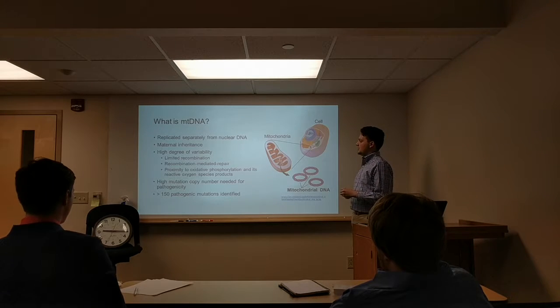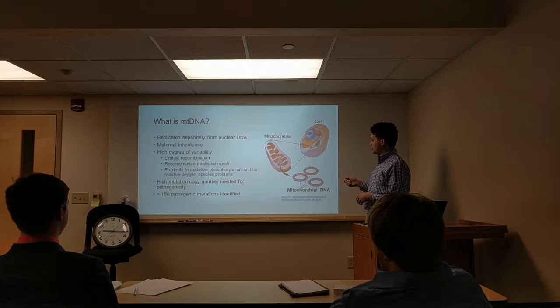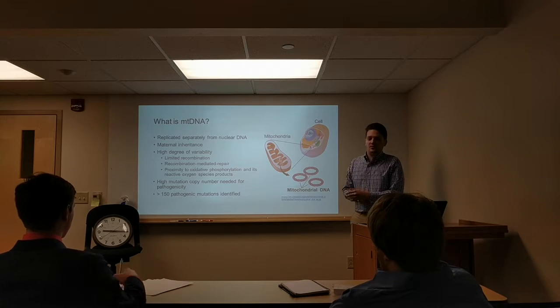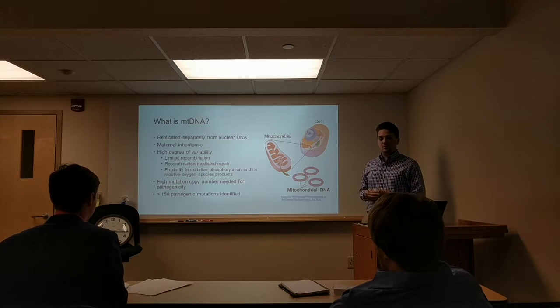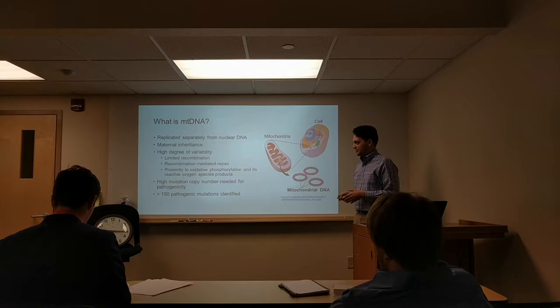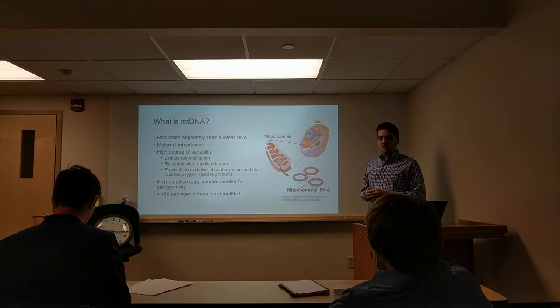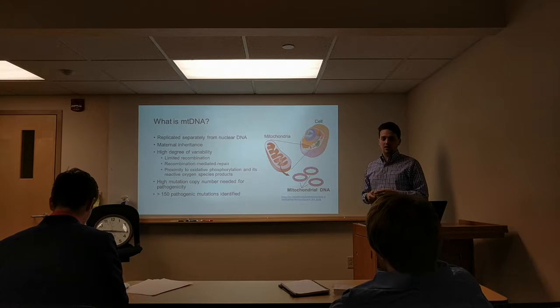What is mtDNA? mtDNA is DNA found in the mitochondria of the cell, but it has some very unique characteristics. It's replicated separately from nuclear DNA, and it can only be inherited from the mother. Additionally, it has a very high degree of variability, which is a result of several factors, but the most common of which is limited recombination.